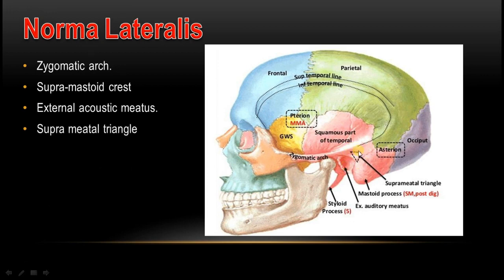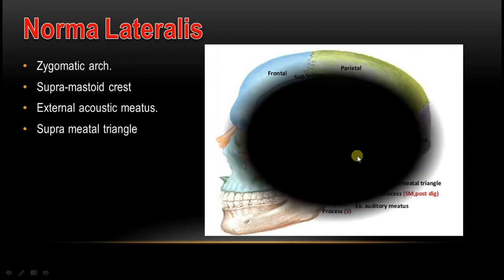So here you see a triangle which is called the suprameatal triangle. Okay. So posterior-superiorly it is formed by the supramastoid crest, antero-inferiorly by the posterior-superior part of the external acoustic meatus, and a tangent which is drawn between these two. You see a triangle, and deep to the triangle the mastoid air cells can be located.